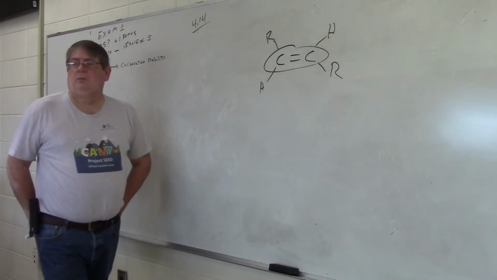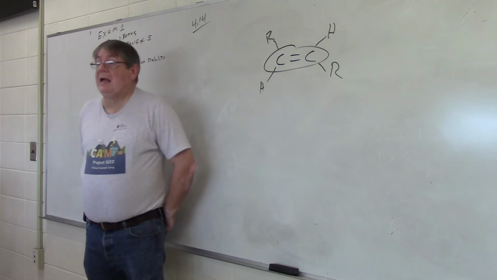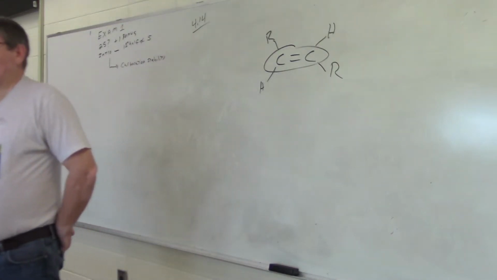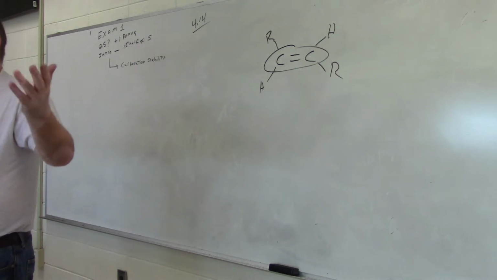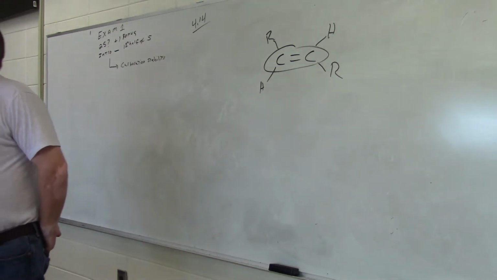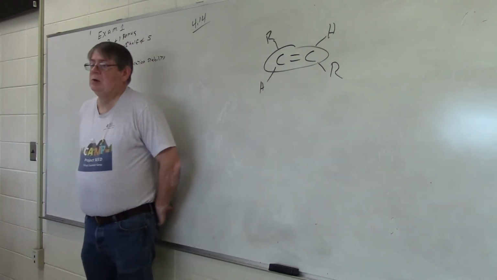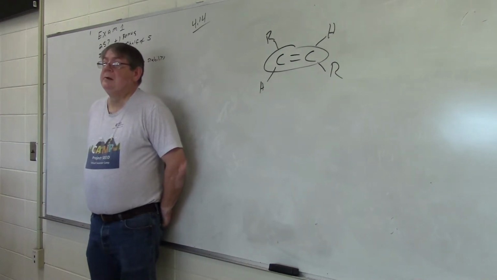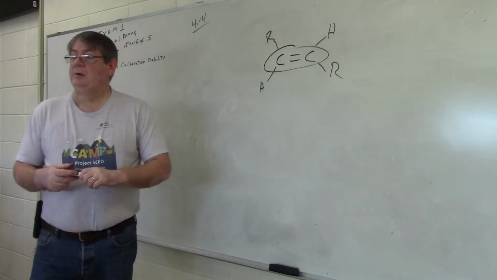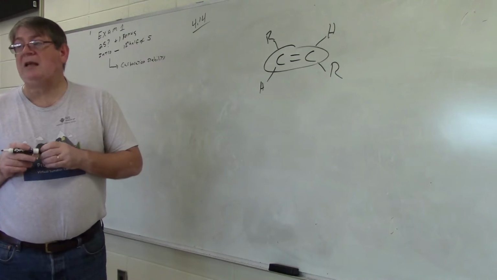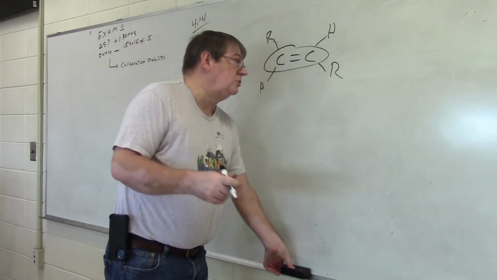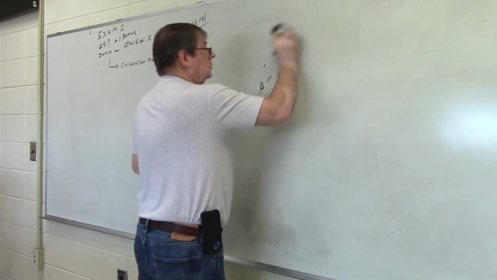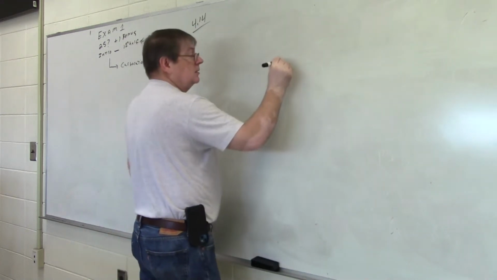No. When you start to have disubstituted, trisubstituted, and tetrasubstituted, you usually start to have E and Z, right? So that's where that comes from. How do you name a trisubstituted or tetrasubstituted alkene? Ours don't have to be the same, remember? Right. So let's say we have a trisubstituted alkene. And let's say it's this.